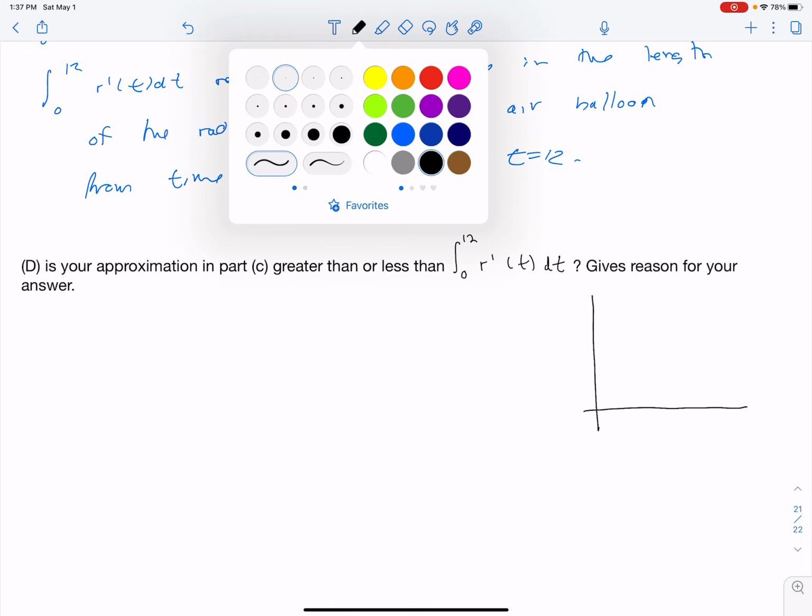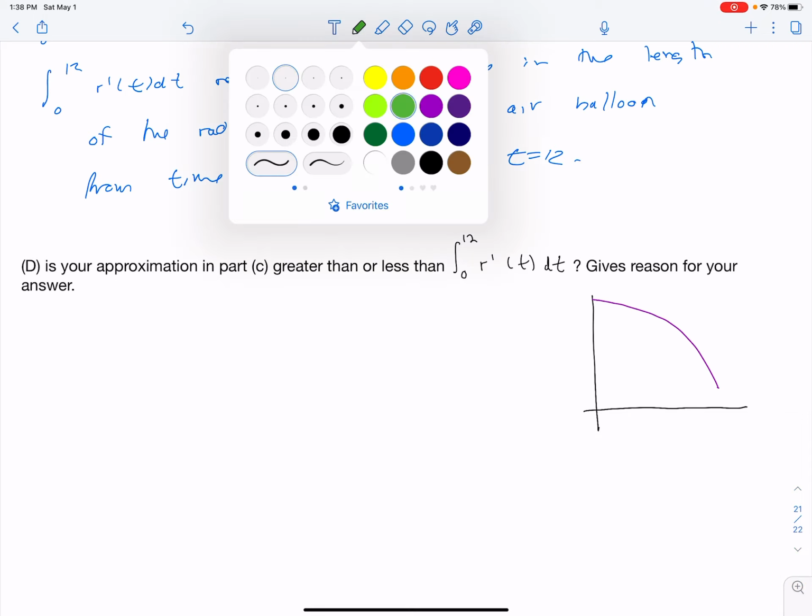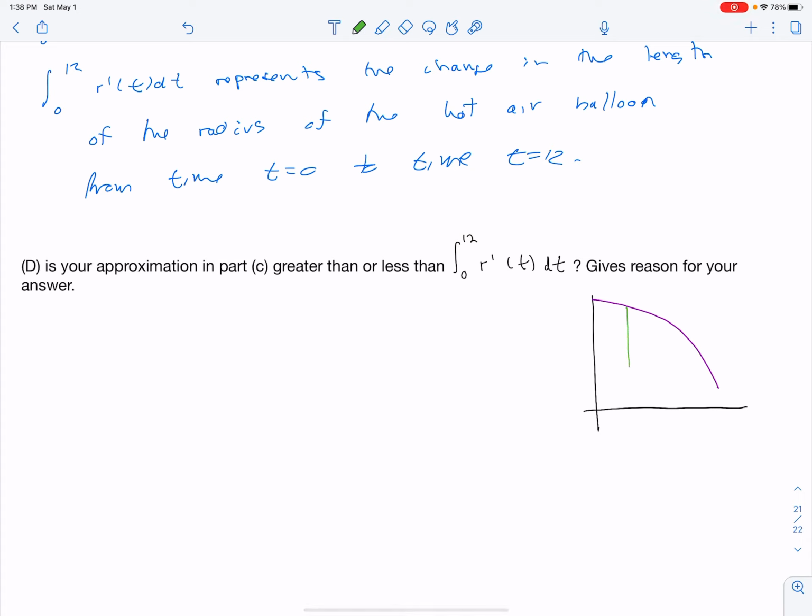So if we were to draw a general graph that's concave down, let's say the graph looked like that. That's concave down, right? Imagine what the rectangles would look like. Let's make this even more extreme. Let's just break this up into 3 rectangles: 1, 2, 3.